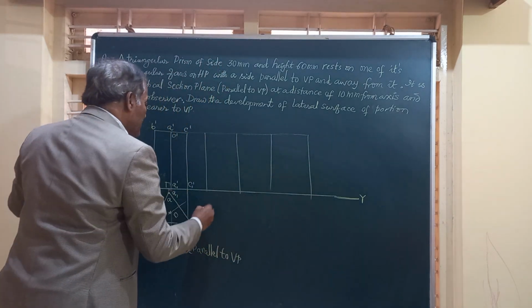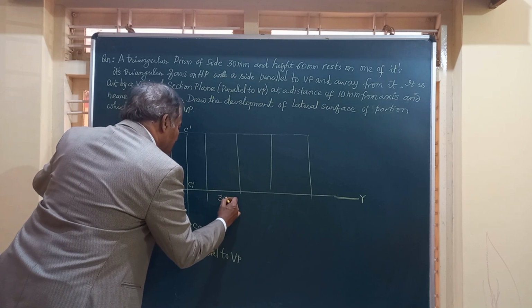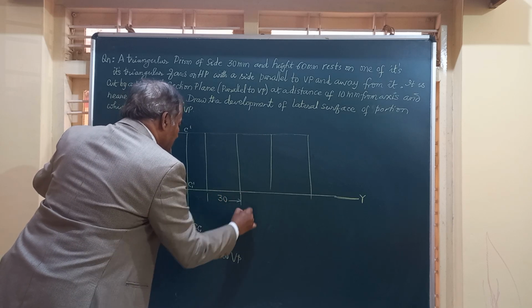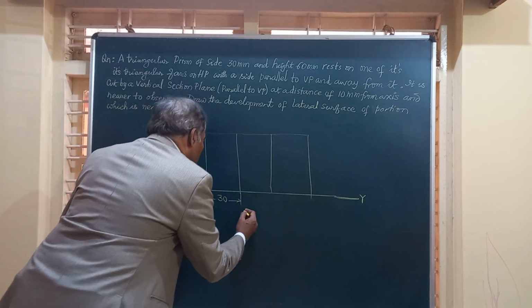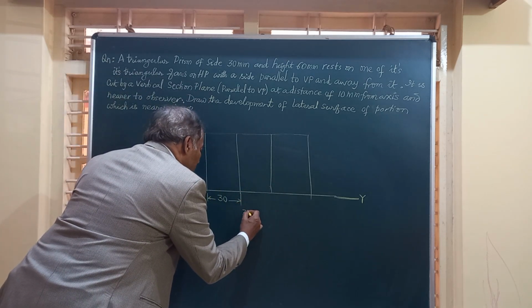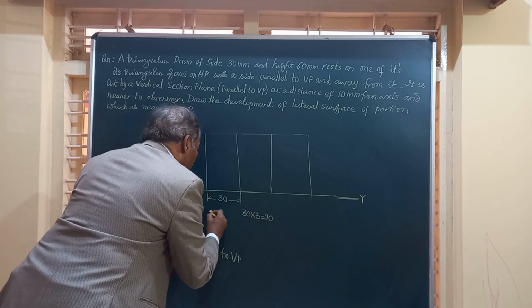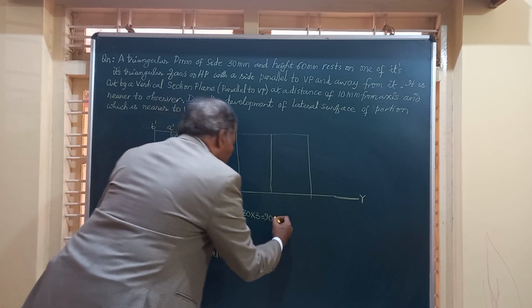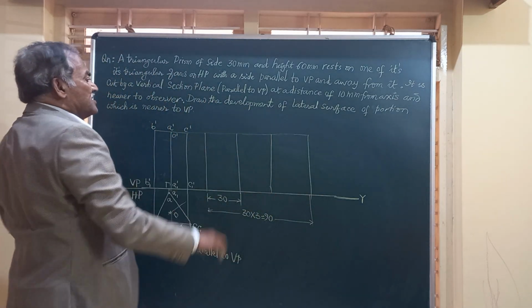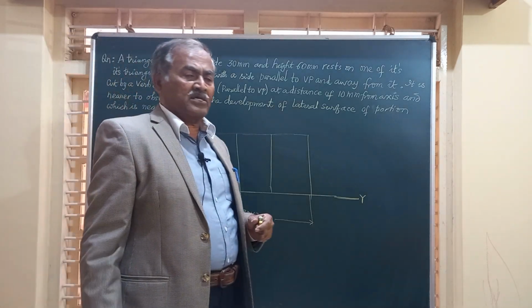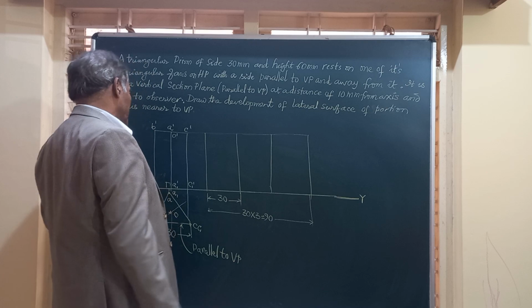And we are going to mark here this as 30 mm because every side of that measures 30 millimeter, and the total width of that will be equal to 30 into 3, that is equal to 90 mm. This is how we should mark the development. So this is the development of the triangular prism when it is not cut by any section plane.